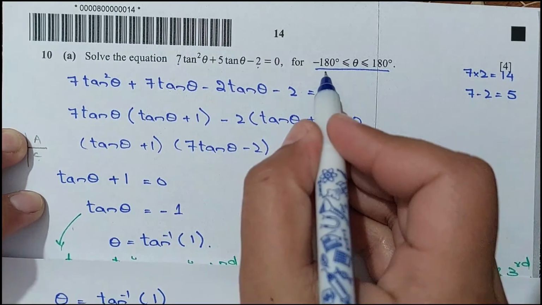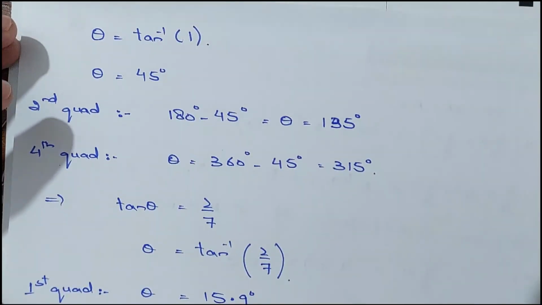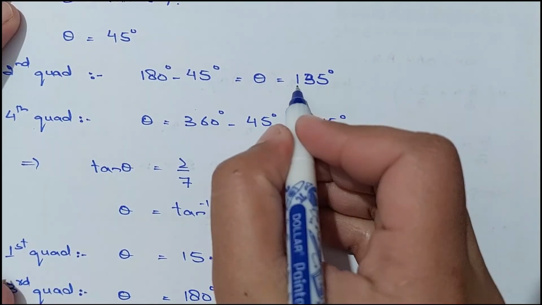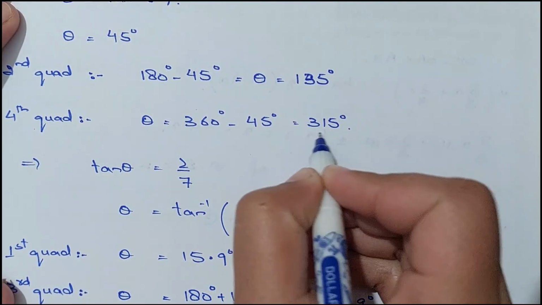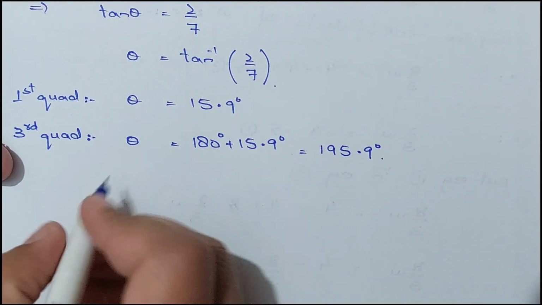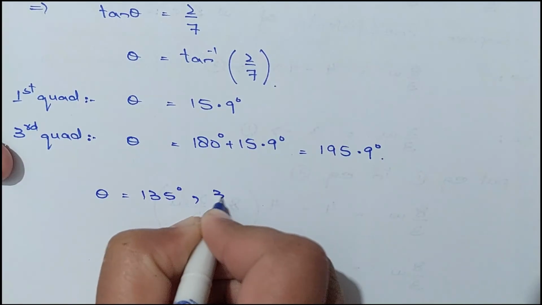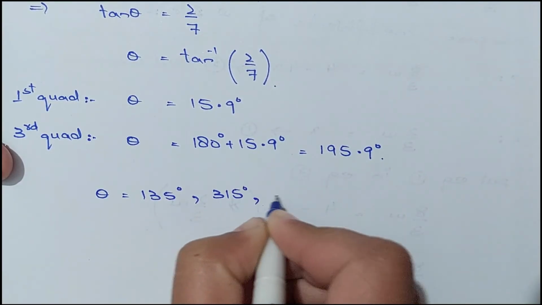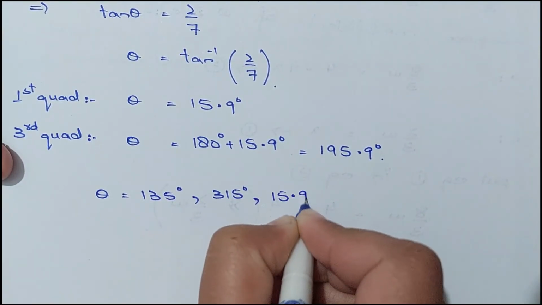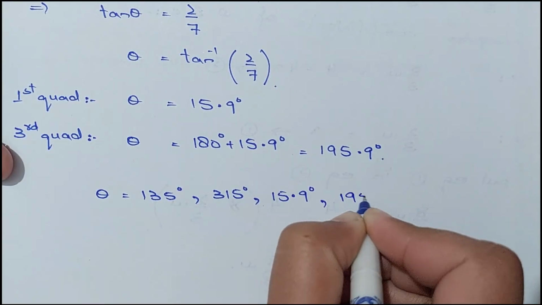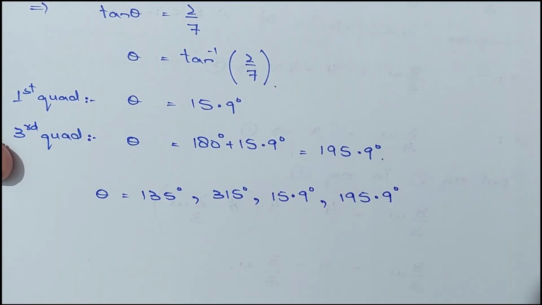This is between minus 180 to plus 180 and we have the solutions, 135 degrees. Okay, let me write down all the values of theta. Theta values are 135 degrees, 315 degrees, and 15.9 degrees and 195.9 degrees. Okay, so what values belong to the domain?